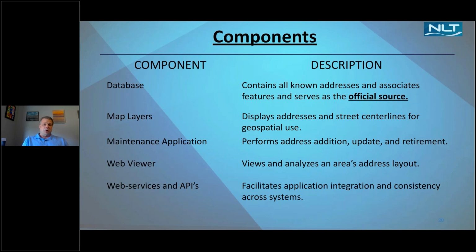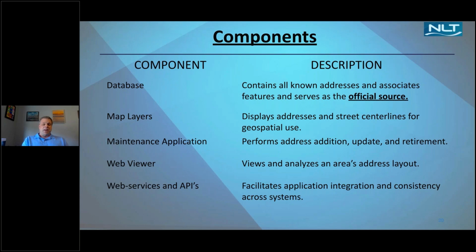Also, there are map layers. Addresses have a geospatial component, and map layers feed into not only displaying and helping users with addresses and orientation, but also the actual address management. There's a deep linkage between addresses and street centerlines, and those are typically at least the first two map layers incorporated into an address management system.